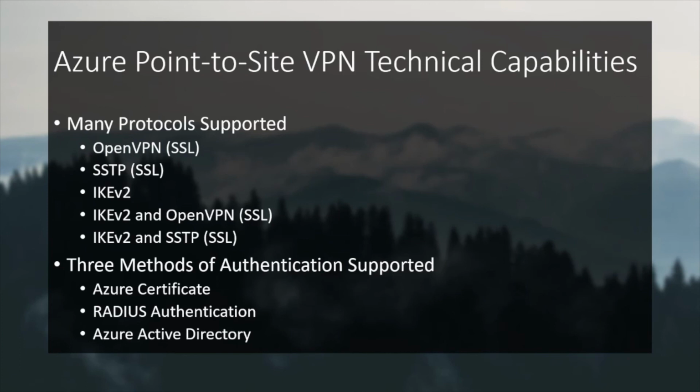There are three methods of authentication supported. We'll show you today the Azure certificate method, which you can enable by utilizing the certificate method with an existing PKI or self-signed certificate. And Microsoft makes it very easy. There's a doc out there for you to follow. We'll be following that today so you can see exactly the process you'll need to go through.